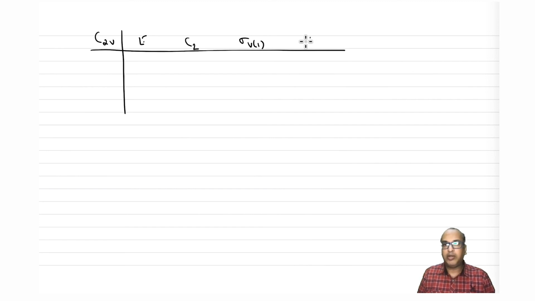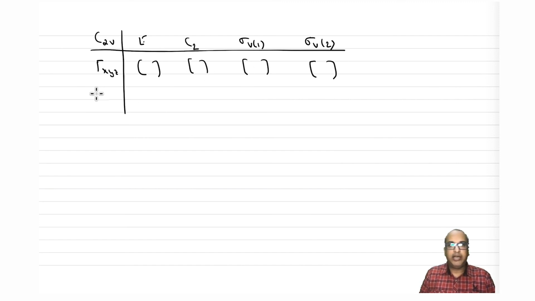I'm not going to write all the matrices again, but I'll just try to make a point. If I have basis XYZ, I get a 3 cross 3 matrix. If I have V1 V2 vectors which were in plane, I get a 2 cross 2 matrix, which is a different representation than the above.